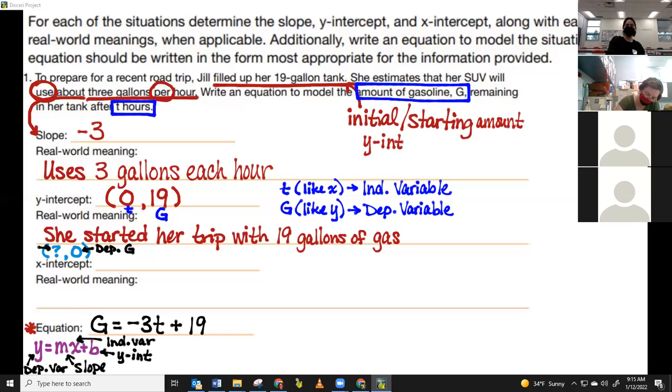So that's what I'm trying to find. I want to find my independent variable, which is T. How can I use my equation to help me figure out what my x-intercept is?